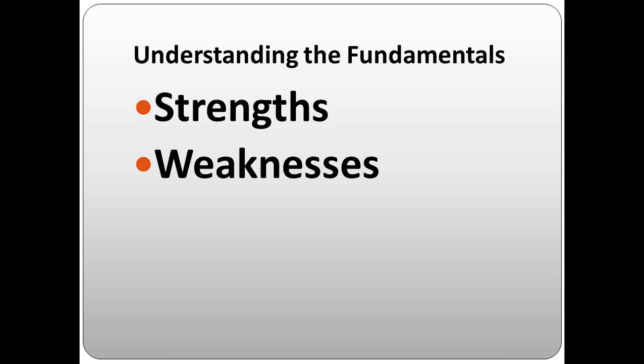Weaknesses capture the negative aspects that are internal to your ministry, and they distract you from the value that you offer, and they put you at a disadvantage. The areas that you need to improve, you need to make some kind of change.